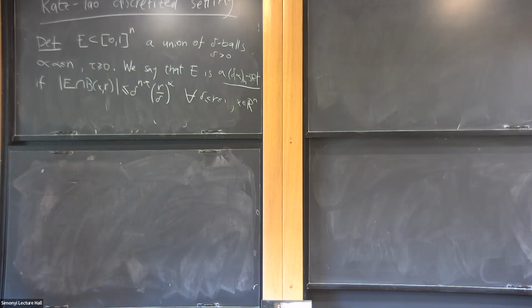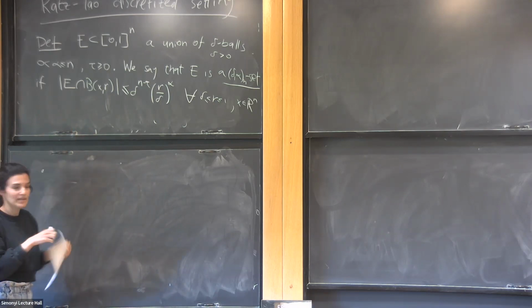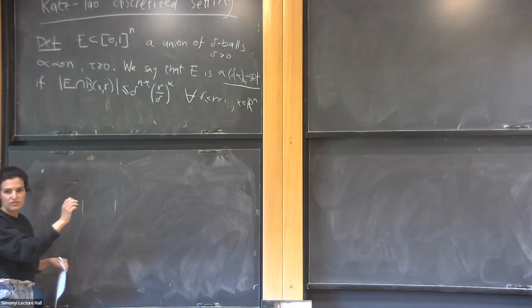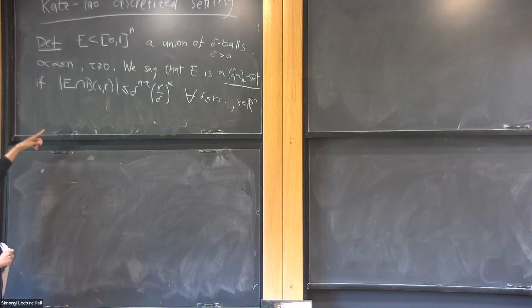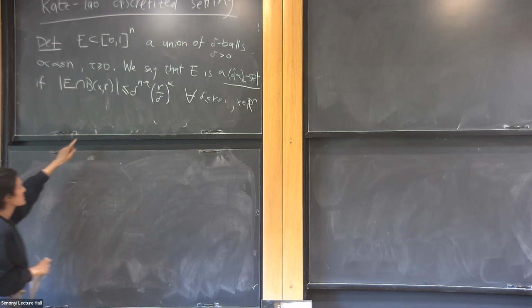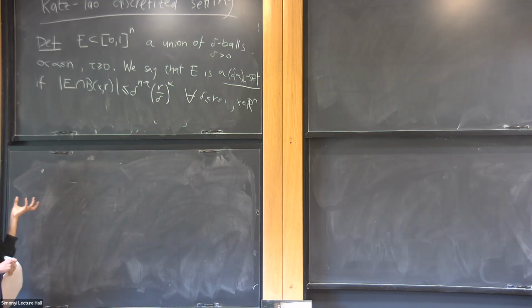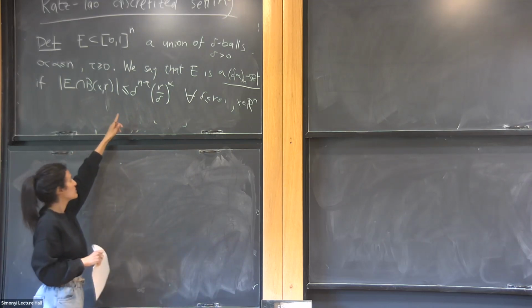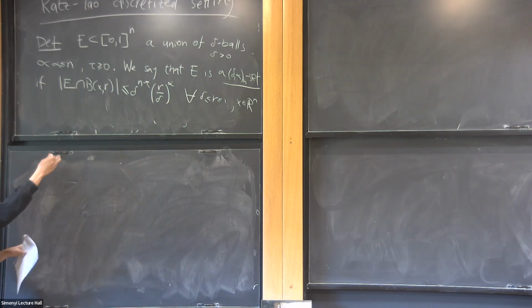So this inequality tells us, now when I use absolute value, I mean volume, standard volume in R^n, that the volume of this intersection is at most delta to the power n, which is more or less the volume of a ball of radius delta in R^n, times a certain quantity.